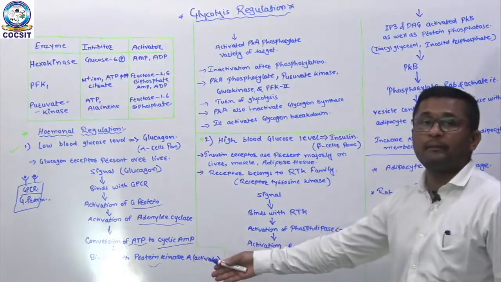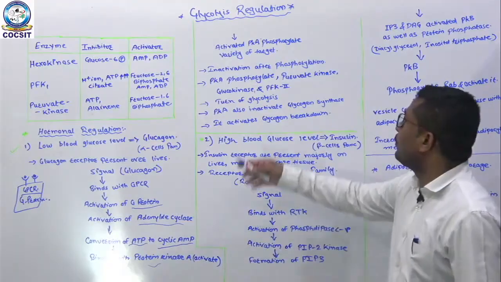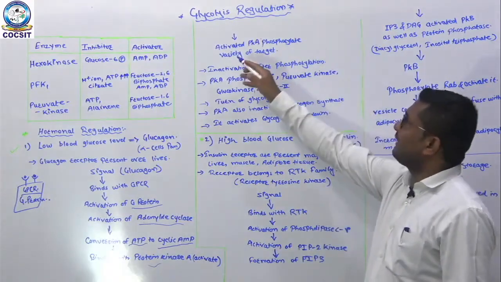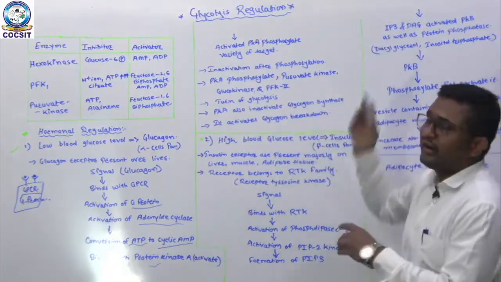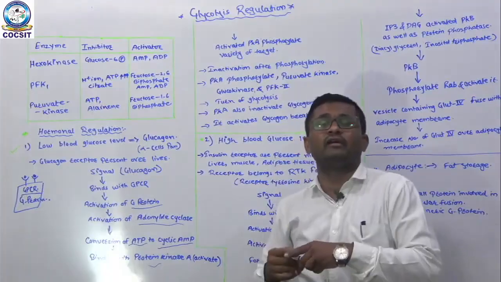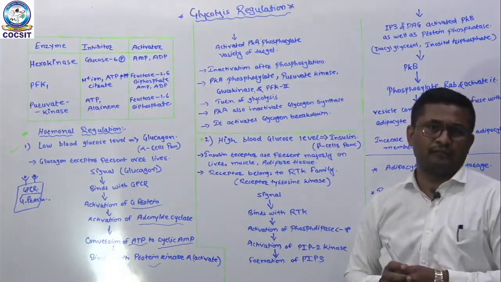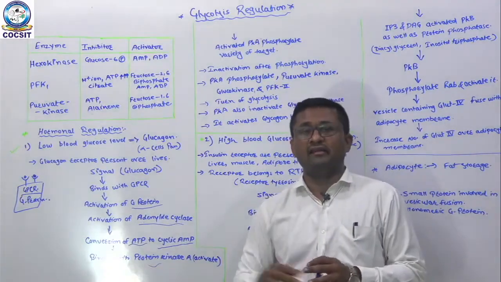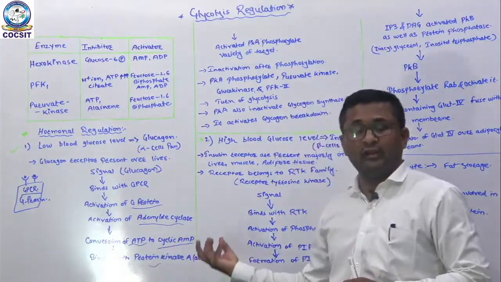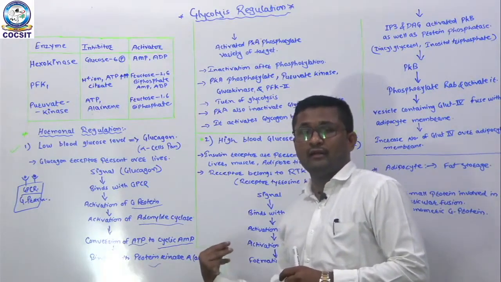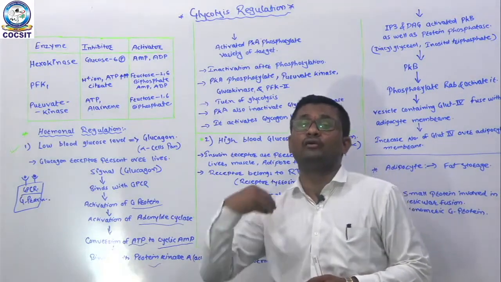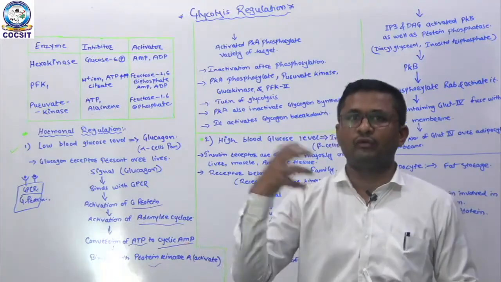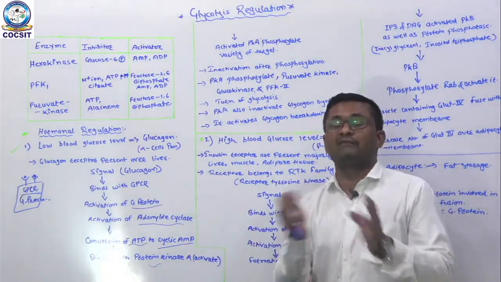What will happen after the activation of PKA? Once PKA gets activated, this activated PKA will phosphorylate a variety of substrates or targets. As the name suggests, protein kinase A, kinase means it is going to phosphorylate whichever substrate is its target.